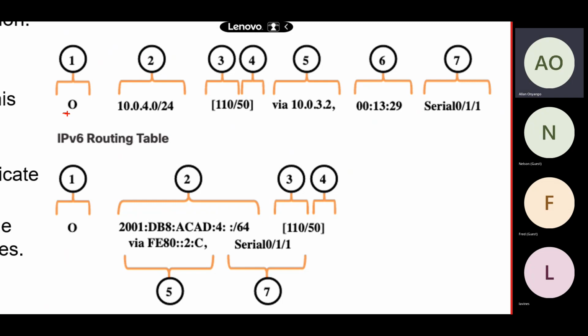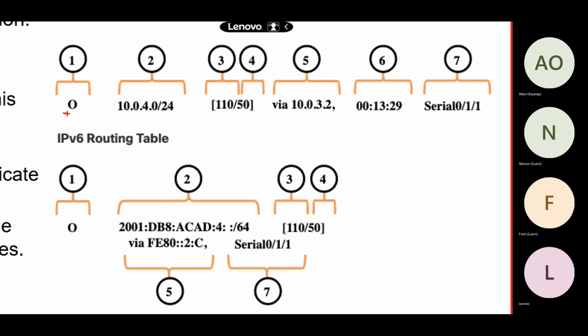Column number 1 is always how the route was learned. How was that remote network learned? That part will always just have letters on column 1.